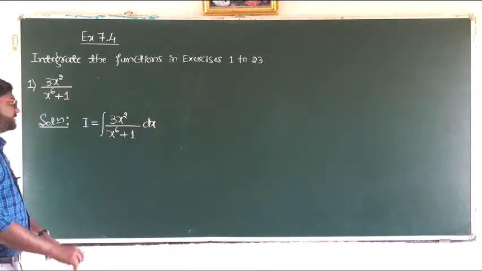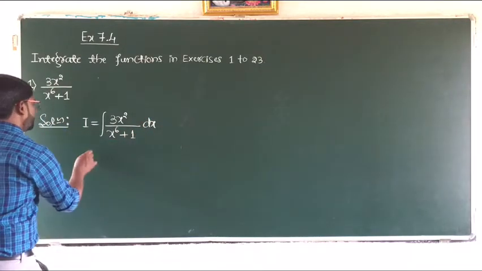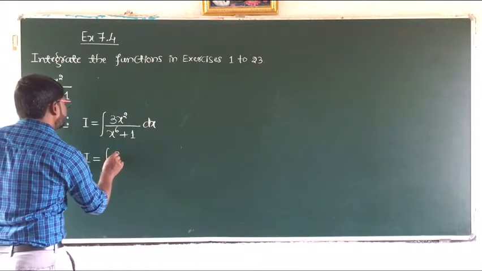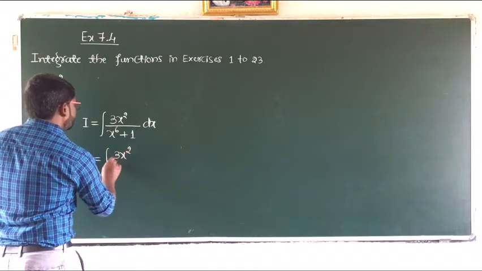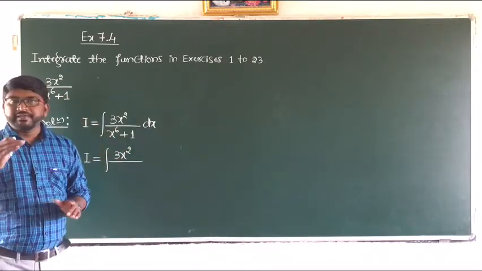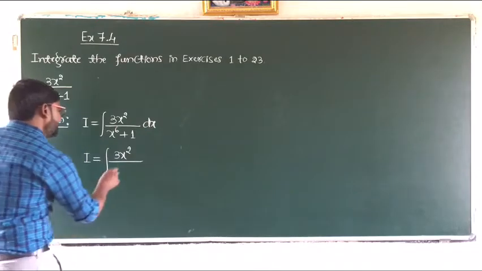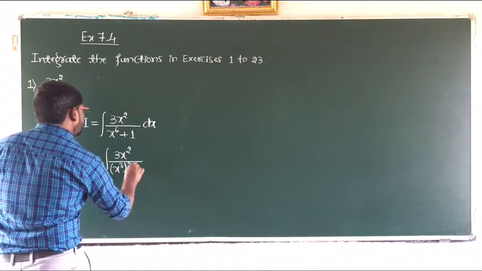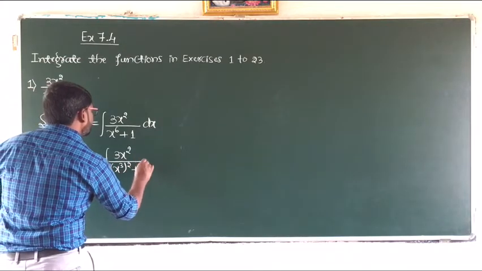Now I rewrite the denominator: x to the power 6 can be written as x cube the whole square, plus 1.